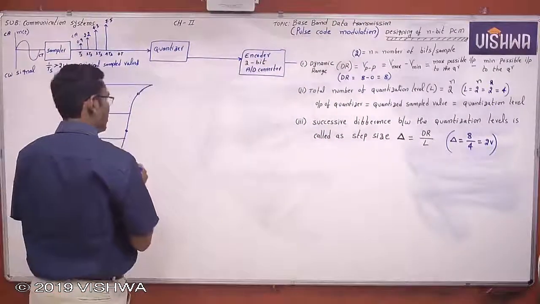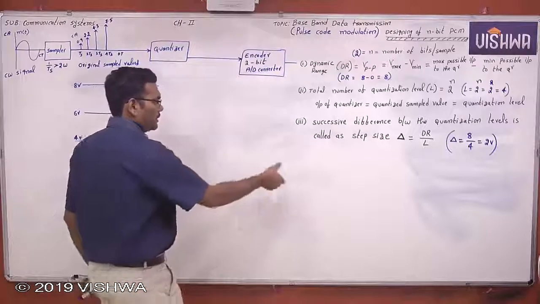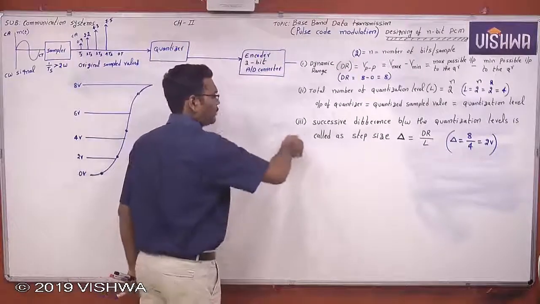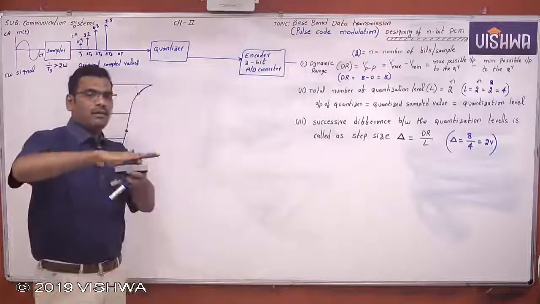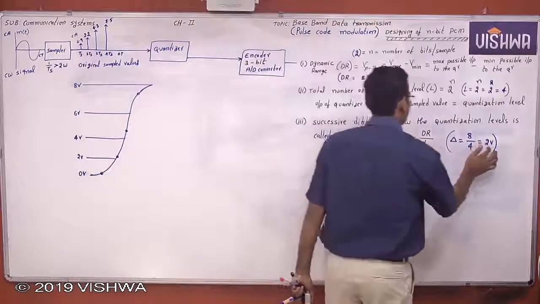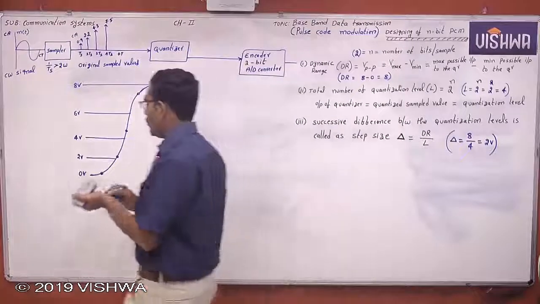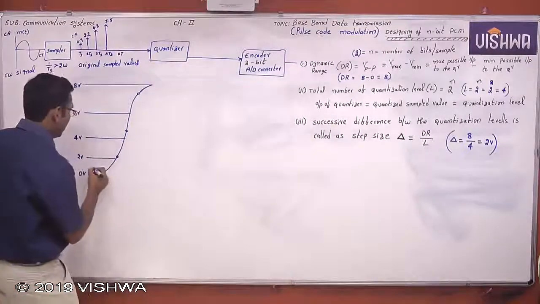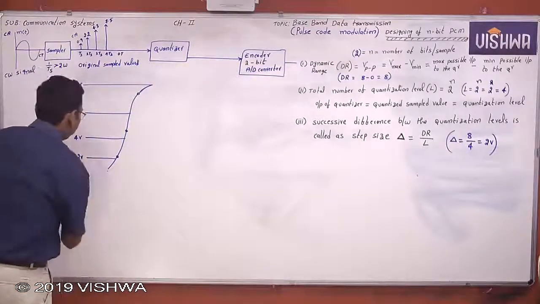Now the step size is 2 volts. So the successive difference between each quantization level is nothing but, from one level to another level, a step size of 2 volts should be maintained. Okay, so now let us take here. Then I will take the first quantization level.